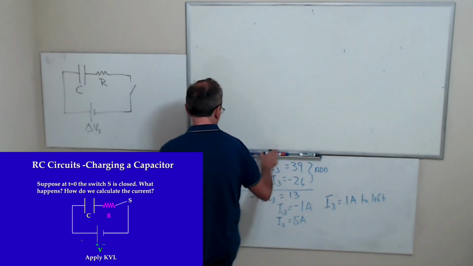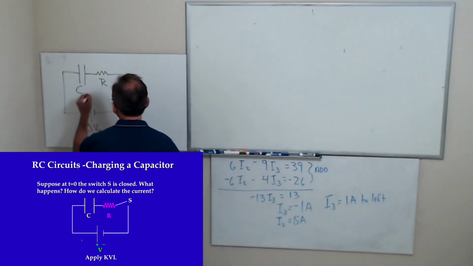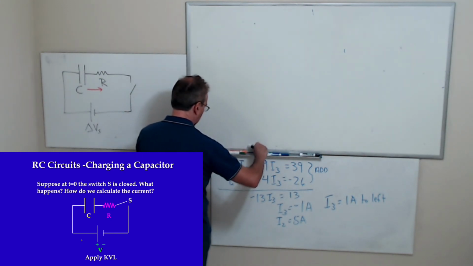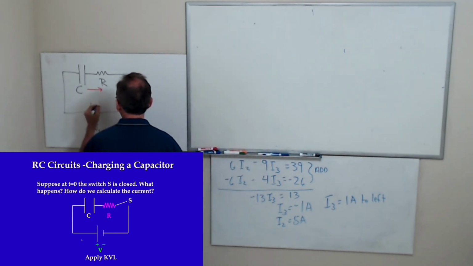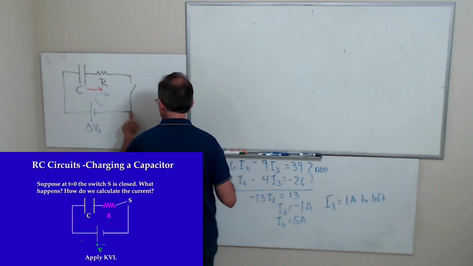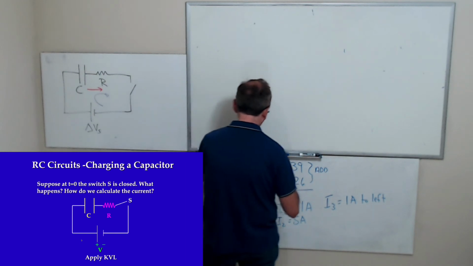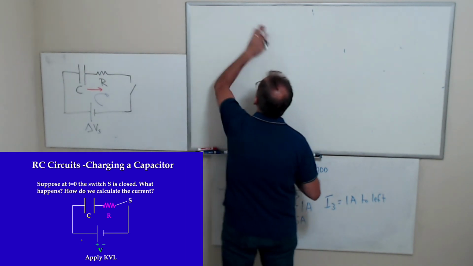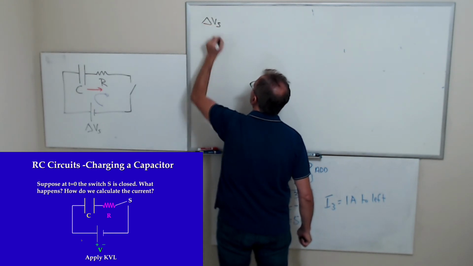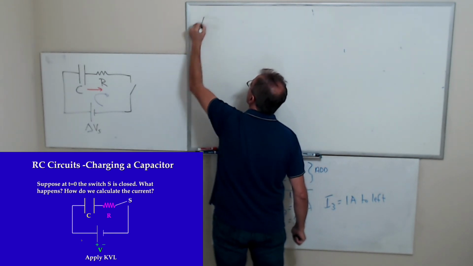So I'm going to assume the current's this way, and I'm going to sum the voltages clockwise. So I'll start here. I go from a lower voltage to a higher voltage. Let me make it bigger.